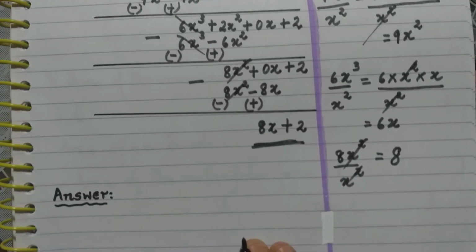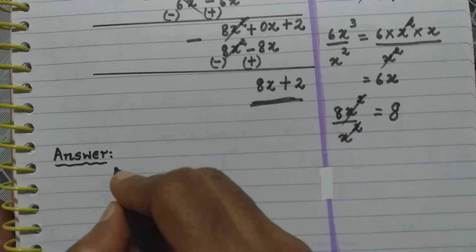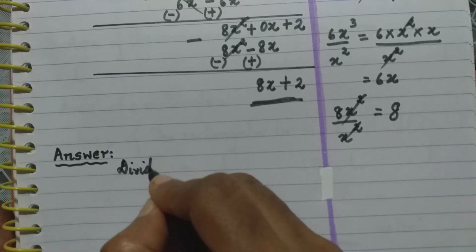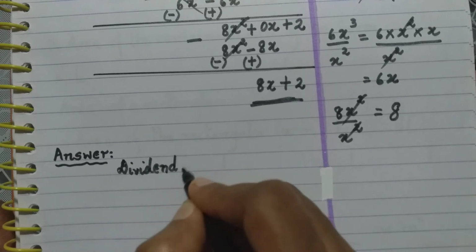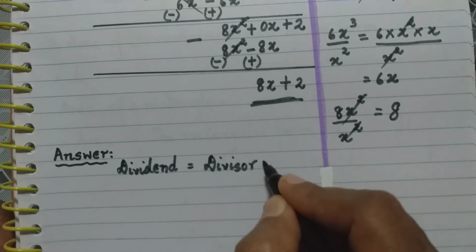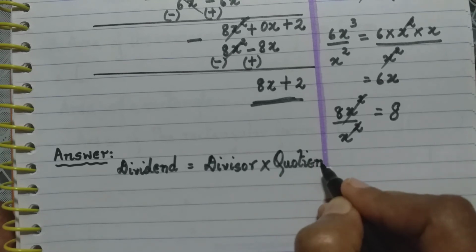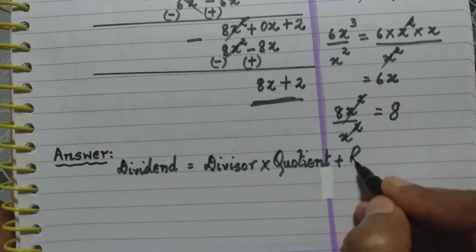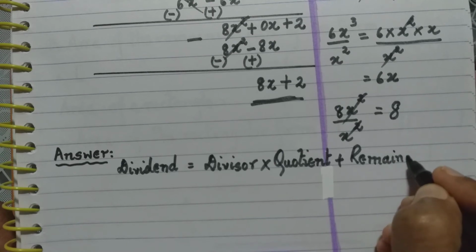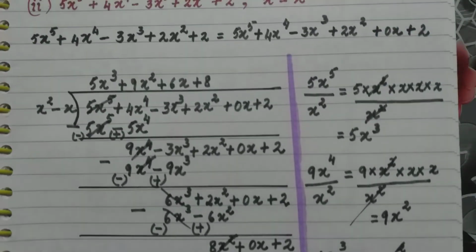Now we have to write the answer. When we write the answer, again we will write it in the form they told us. That is dividend is equal to divisor into quotient plus the remainder. Let us see what is the dividend.